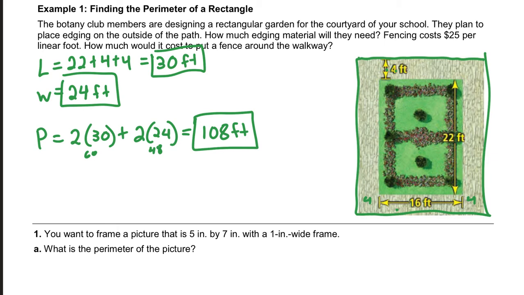And finding out how much the fencing would cost, if it's $25 per linear foot and I have 108 feet to buy, for my cost, that's going to be 108 times $25 per foot. So 108 times 25, it's going to cost $2,700 to put fencing around that entire perimeter, right? So perimeter, we think of fencing, we think of the space or the length around a figure.